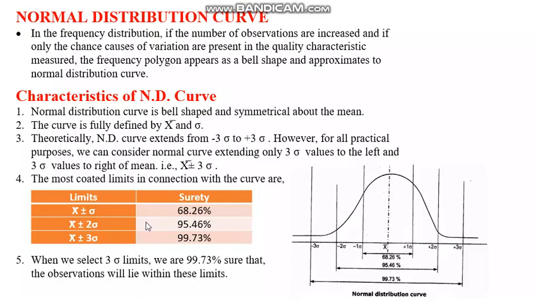If it is 2 sigma limits, 95.46% components fall within this, and if it is 3 sigma limit, 99.73% components fall within this. So when we select 3 sigma limits, we are 99.73% sure that the observations will lie within these limits.